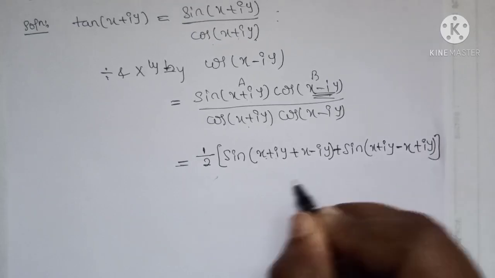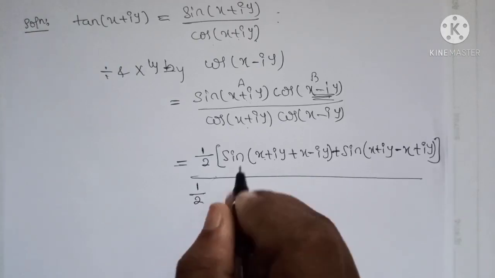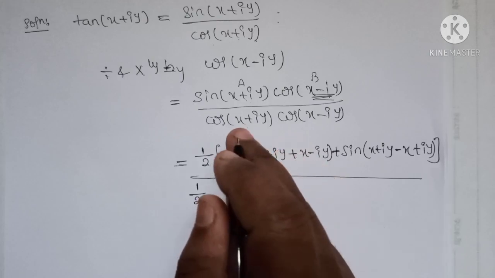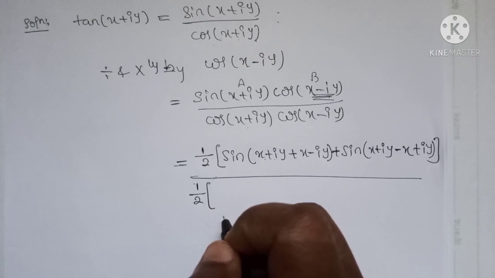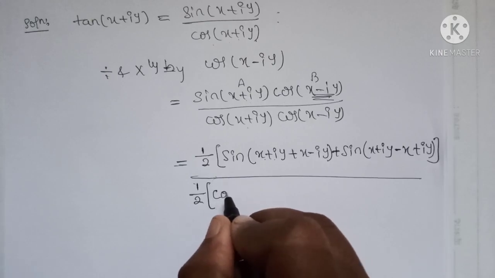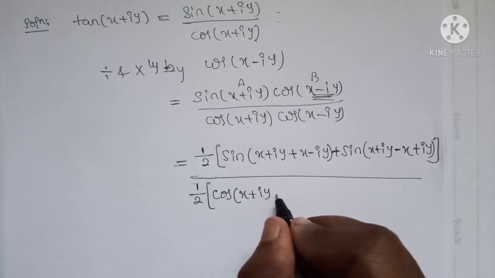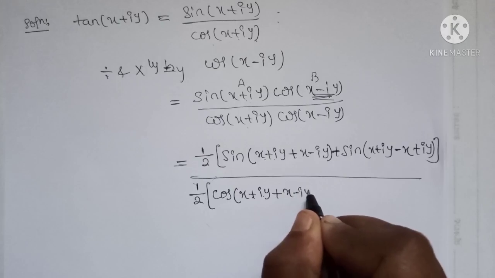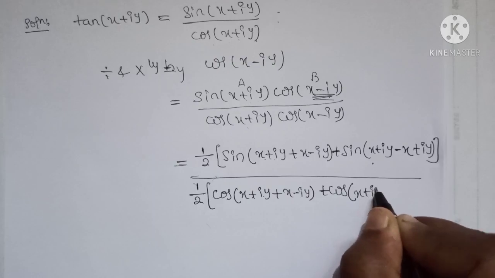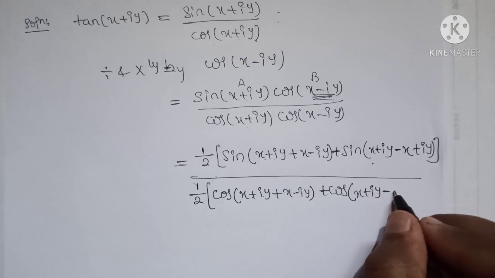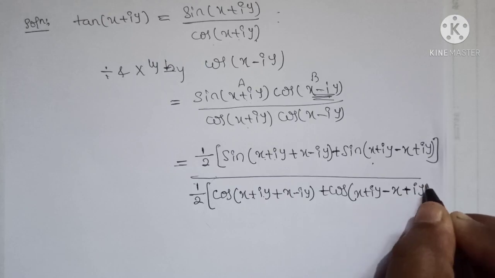Similarly the denominator: the cos a cos b formula is 1 by 2 times cos of a plus b plus cos of a minus b. So that is cos of x plus iy plus x minus iy, plus cos of x plus iy minus x minus iy, which gives plus iy.